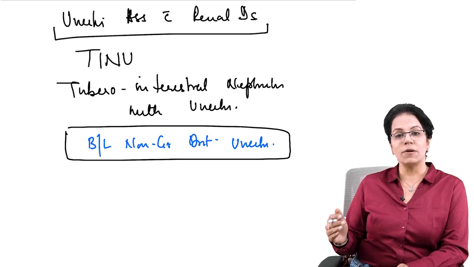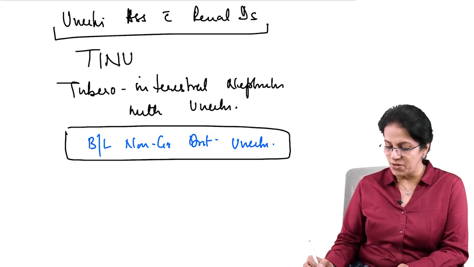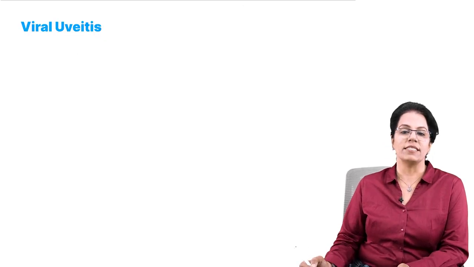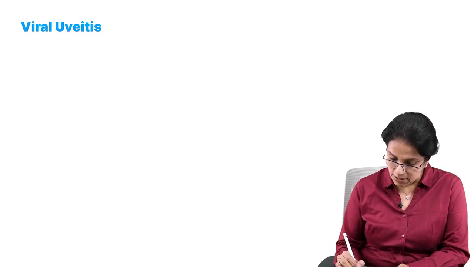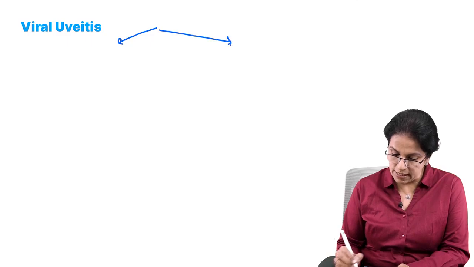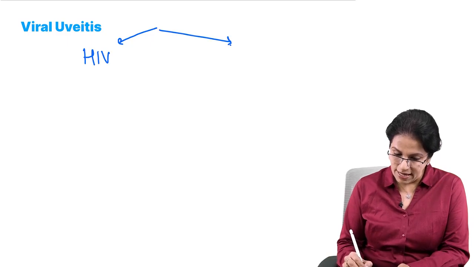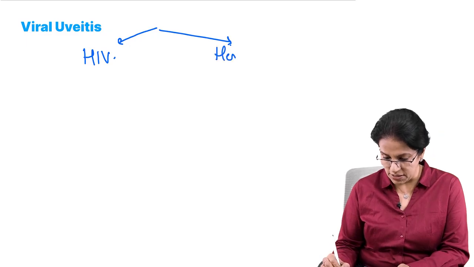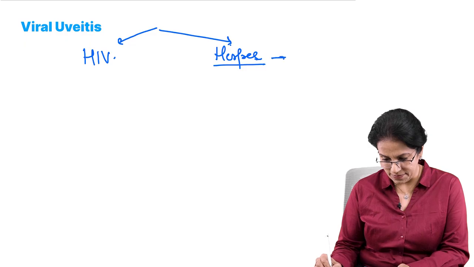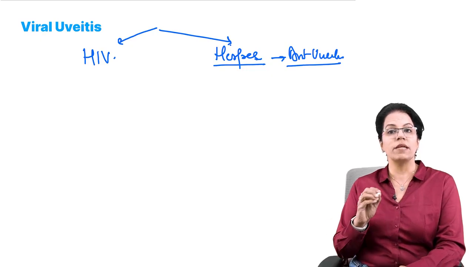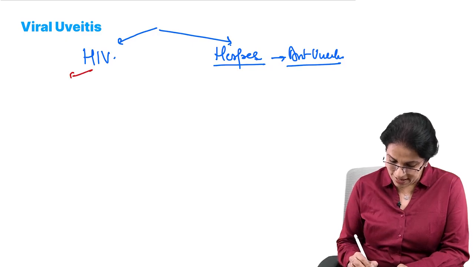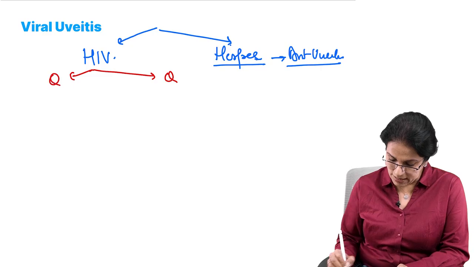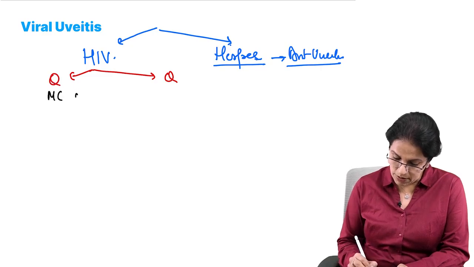We next talk about, and this is now very important for you all, viral uveitis. So, uveitis associated with viral infection, two main things that we will be learning are HIV and herpes, anterior uveitis in herpes. When you say HIV infection, we have two very, very important exam questions.